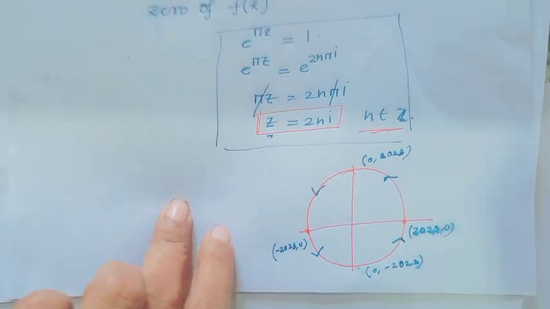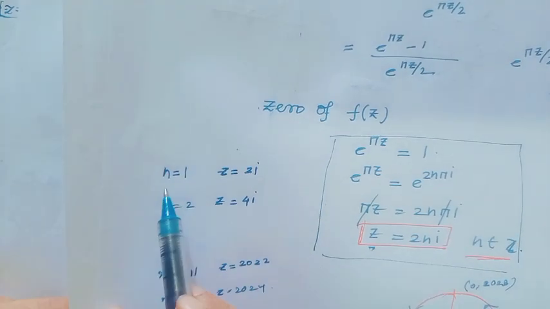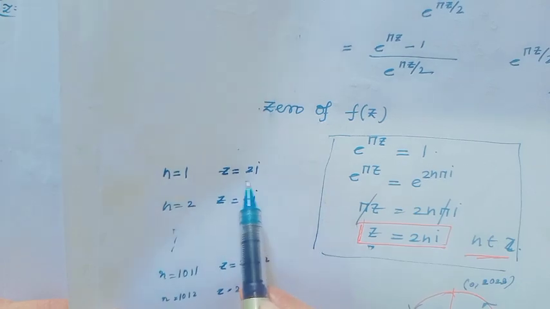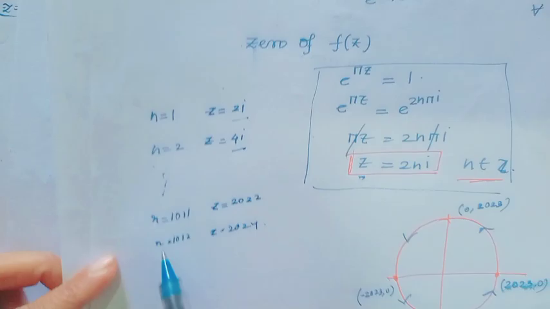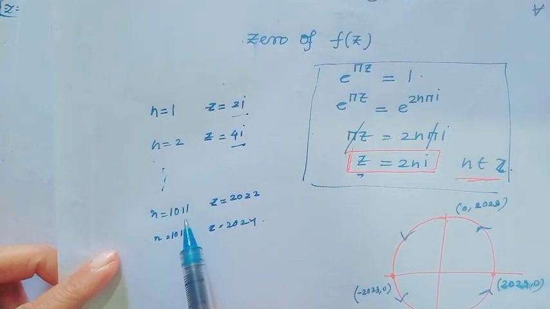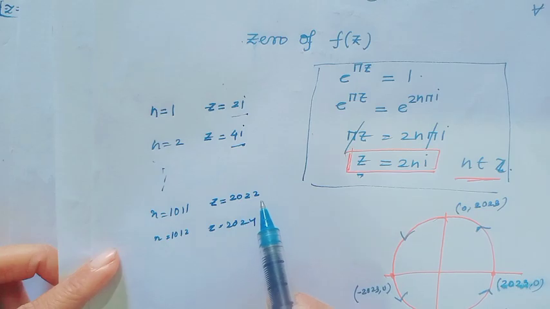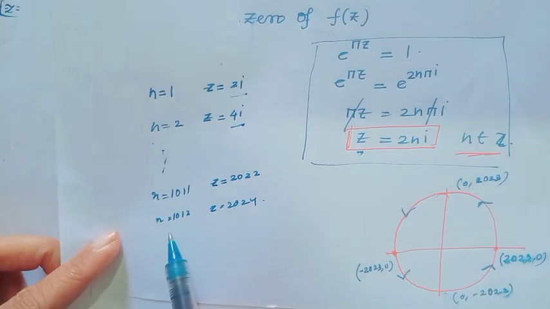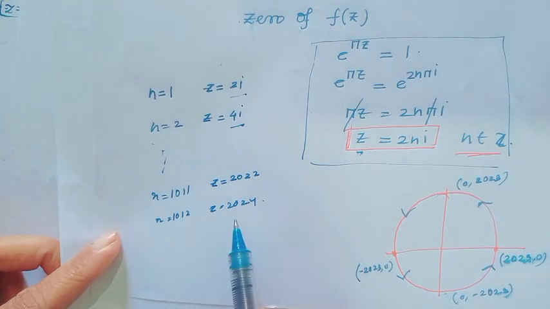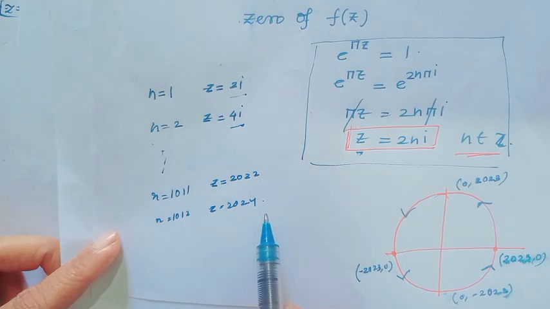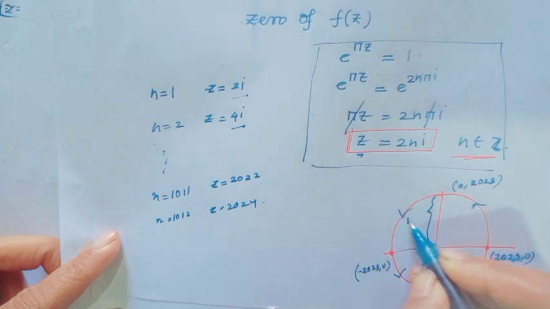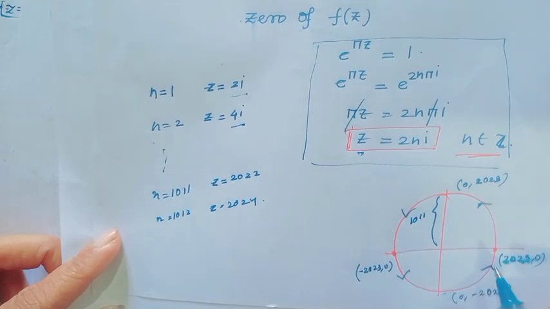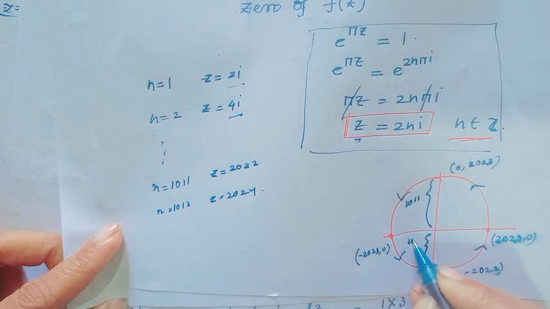Then the number of zeros, this is very interesting. When n equals 1, this value would be 2i. When n equals 2, this value would be 4i. This continues. When n equals 1011, this value would be 2022. When n equals 1012, this value would be 2024. That means here 1011 times, and here also 1011 times.